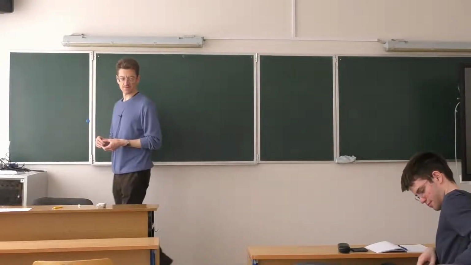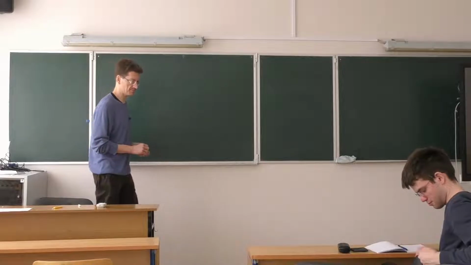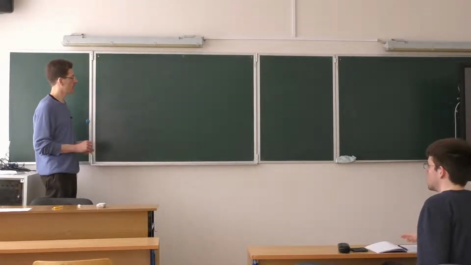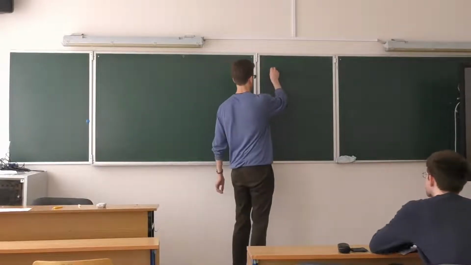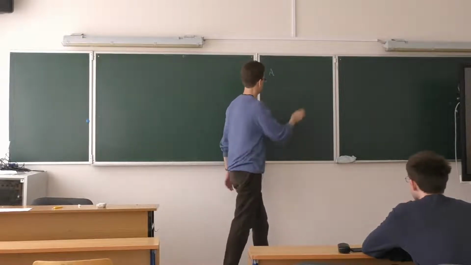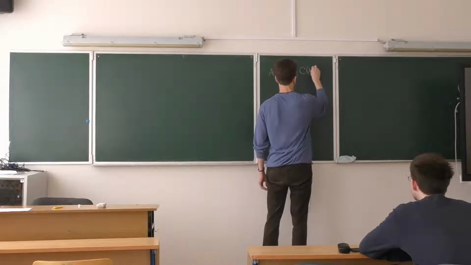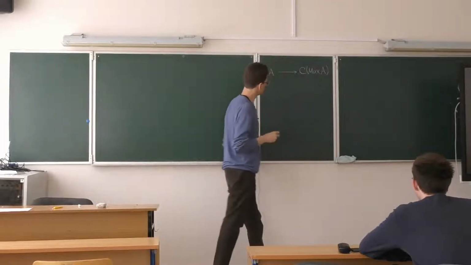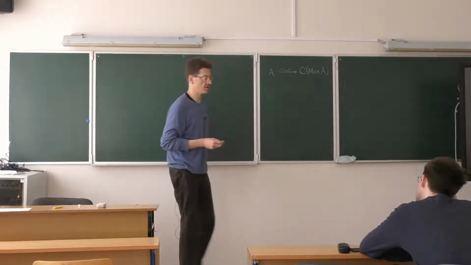Well, okay, so in the previous lecture we discussed the Gelfand-Naimark theorem for commutative C-star algebras, which states that if you have a commutative unital C-star algebra A, then the Gelfand transform, which acts from A to the algebra of continuous functions on the maximal spectrum, is an isometric star isomorphism.